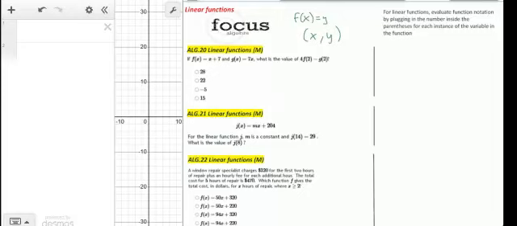Whatever is inside my parentheses, I'm going to plug in for my x. 2 goes into 8, 4. 4 times negative 25 is negative 100. Negative 100 plus 204 gives me my answer of positive 104. And so that would be the value of j of 8.